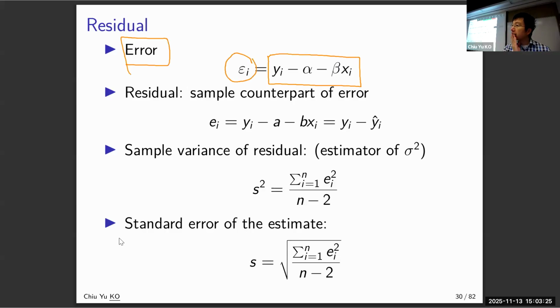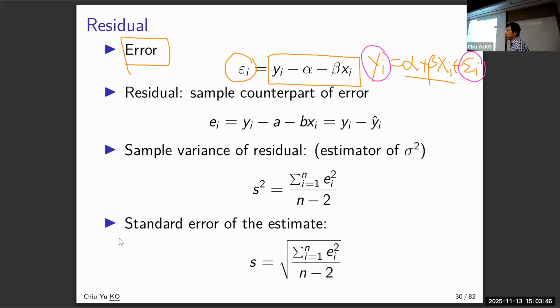And if you recall this equation, this is not a random variable. This is a random variable. A constant plus a random variable. Y is also a random variable.